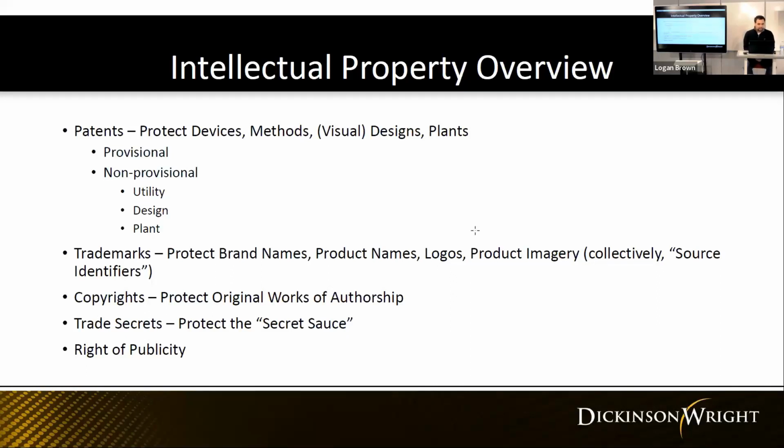The last type of intellectual property that we're going to discuss a little bit are rights of publicity. These are vested in individuals. It essentially boils down to your name, your image, your likeness. The acronym for that is NIL.